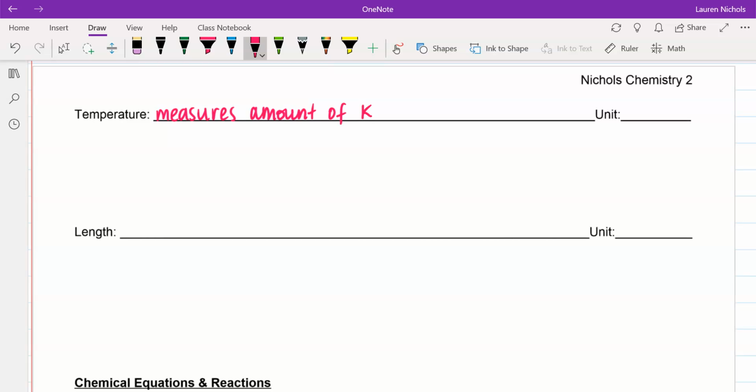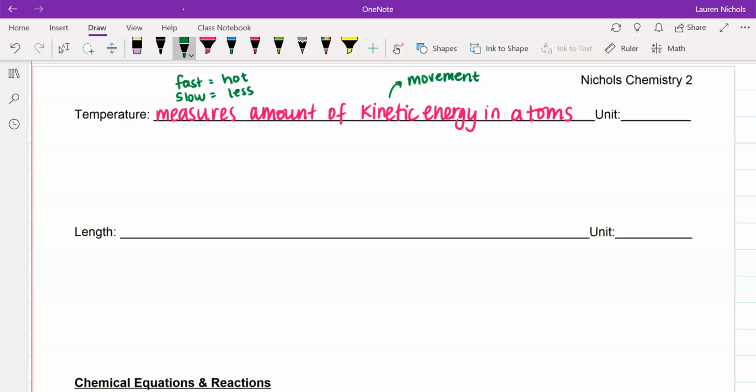Now, the reason why it's measuring kinetic energy in the atoms of whatever it's talking about is kinetic energy, if you remember from physical science, is the energy of movement. And so when things move fast, they get hot. And when things are moving slow, they are less hot because, fun fact, there's no such thing as cold or cold energy.